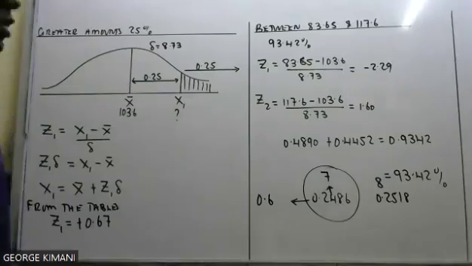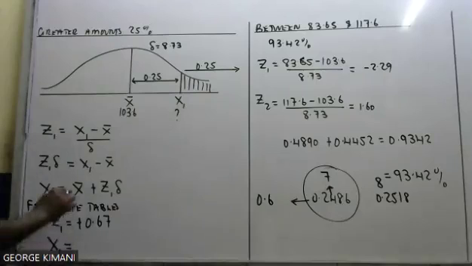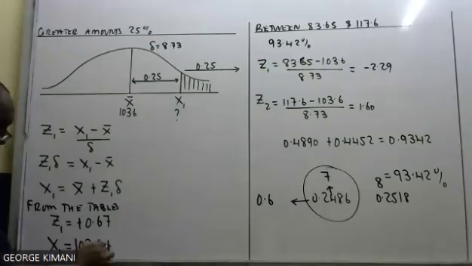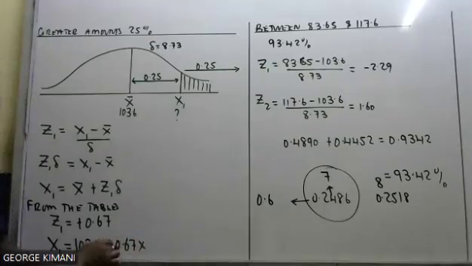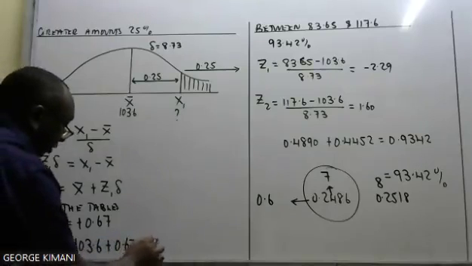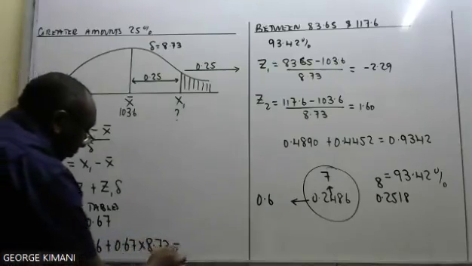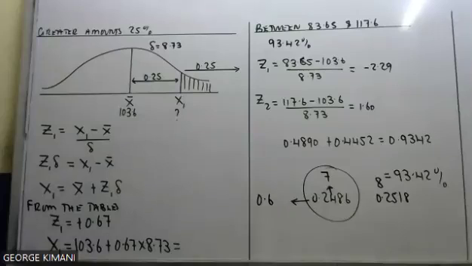So if it is 0.67, then it means that my X1 will be X bar, which I know it is 103.6, plus 0.67 multiplied by the standard deviation of 8.73. Give me the answer now from there.